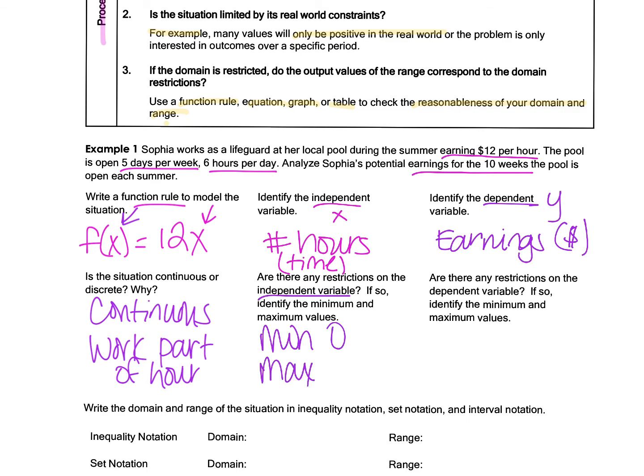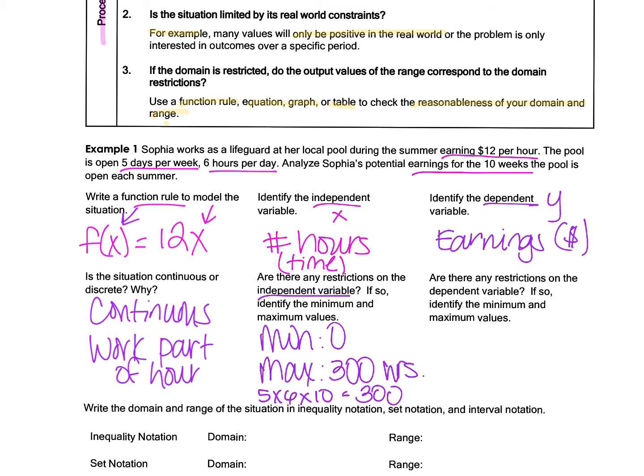So I would need to do 5 times 6, because 5 days per week, 6 hours per day, and then also times it by the 10 weeks that they're open. So that would give me a total of 300. So the max would be 300 possible hours. I'll label it as hours.